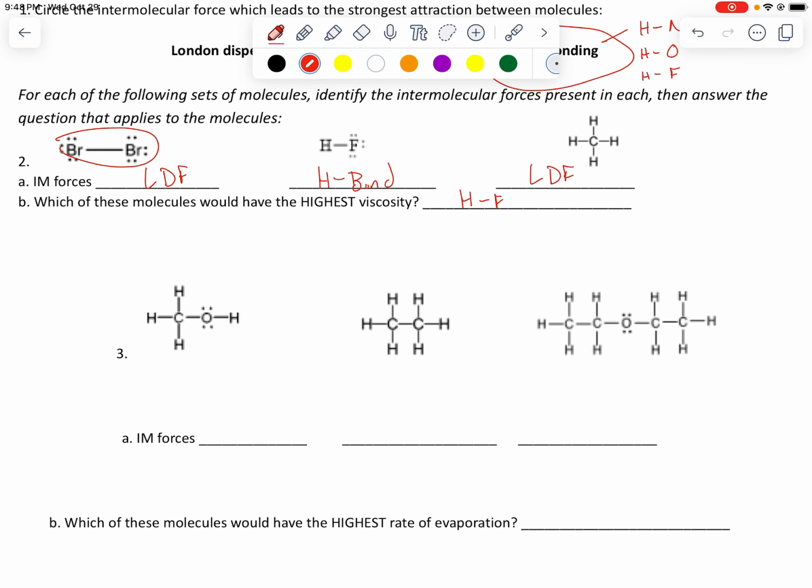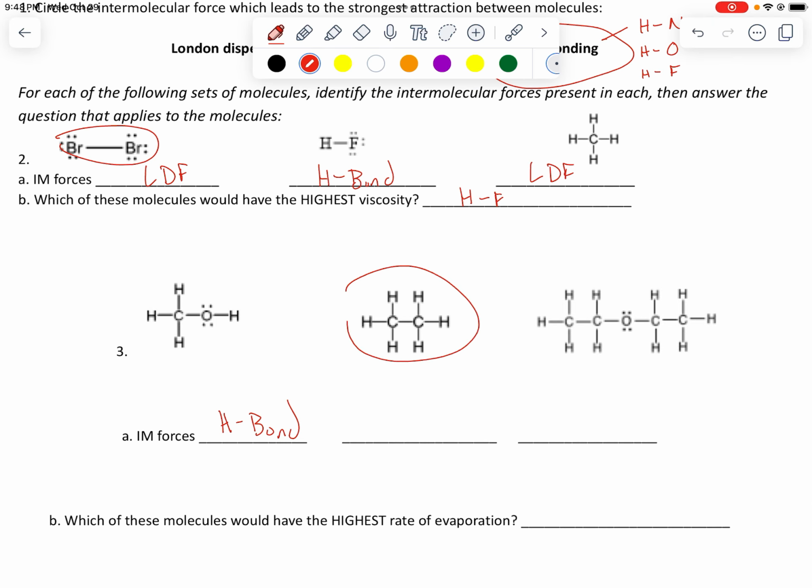Okay, here. The intermolecular force for this first one is going to be hydrogen bond. This one is nonpolar because it's just carbons and hydrogens. LDF. This one technically is going to have a bent shape because of the lone pairs on this center oxygen.